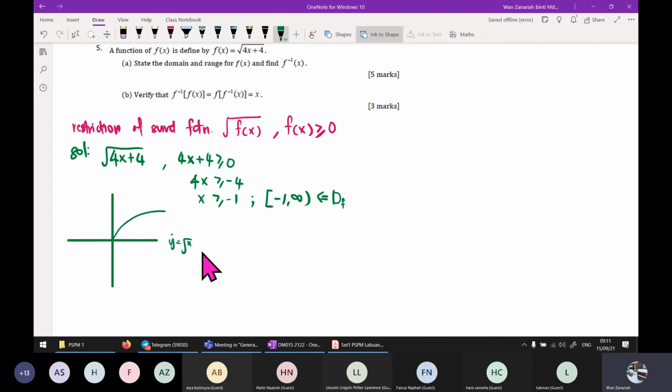Tetapi sekarang, ini sebab x mesti greater and equal 0. Kalau cikgu bagi y equals square root of x plus 1, apa jadi? You punya restriction ni, you cakap x plus 1 mesti greater and equal 0. So, x must be greater than or equal negative 1. So, sini negative 1. Graph square root tu mesti tarik ke belakang.